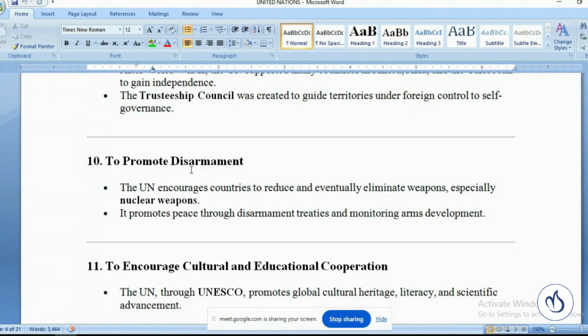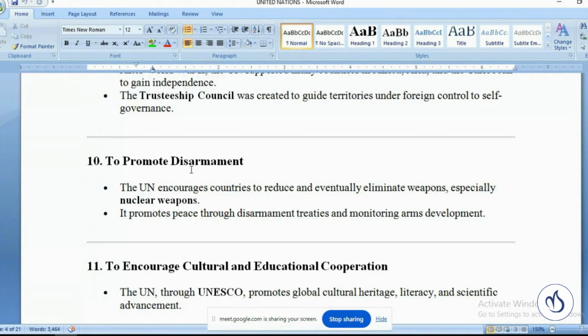It encourages countries to reduce and eliminate weapons, especially nuclear weapons. One of the things that leads to wars is where you find a country having dangerous weapons. That pride encourages them to fight. You find the president of a certain country arrogant.